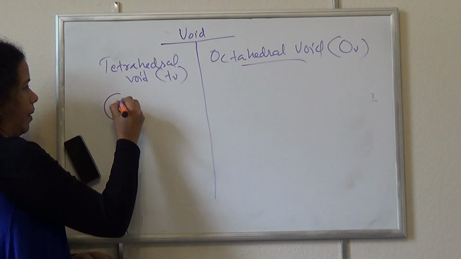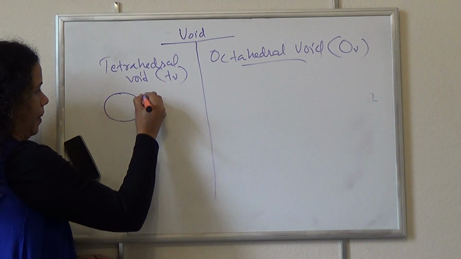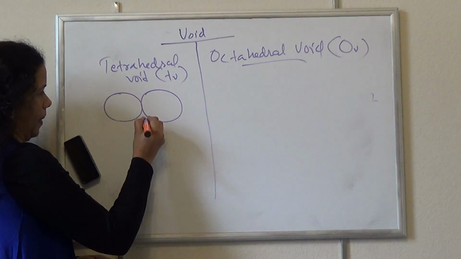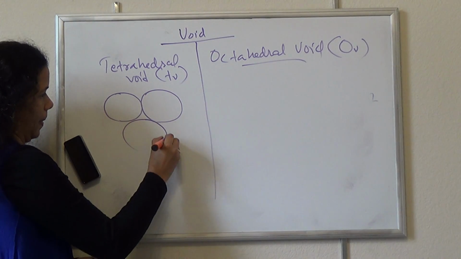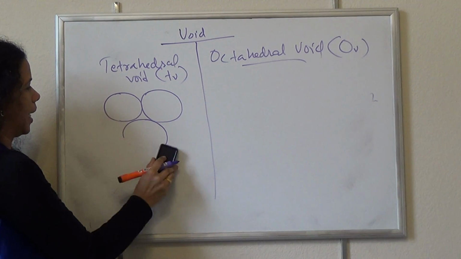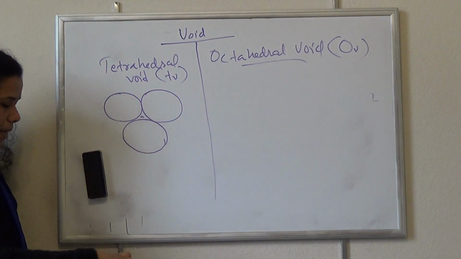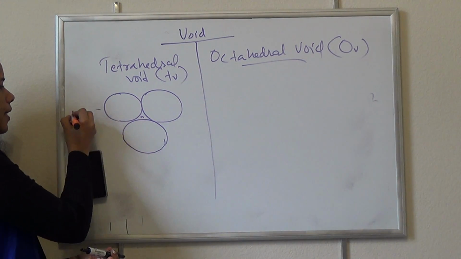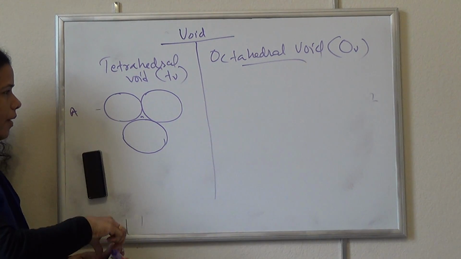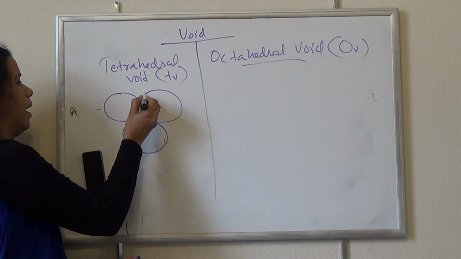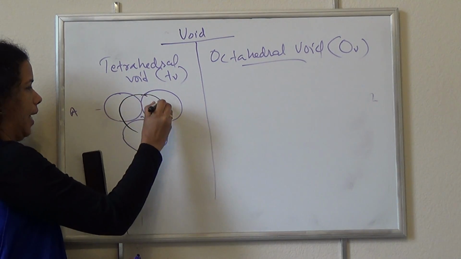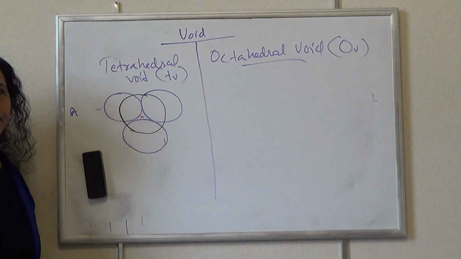So, after arranging atoms in first layer, we'll get a void A. This is atoms from first layer. Then when we keep the atoms of the second layer, we'll get a structure like this.